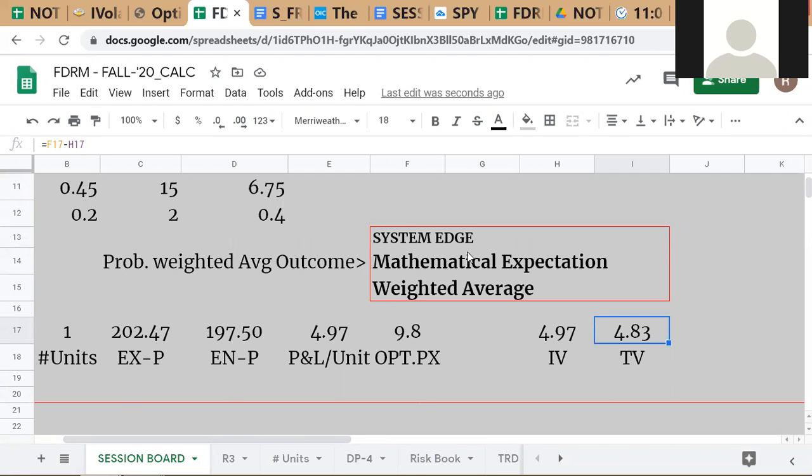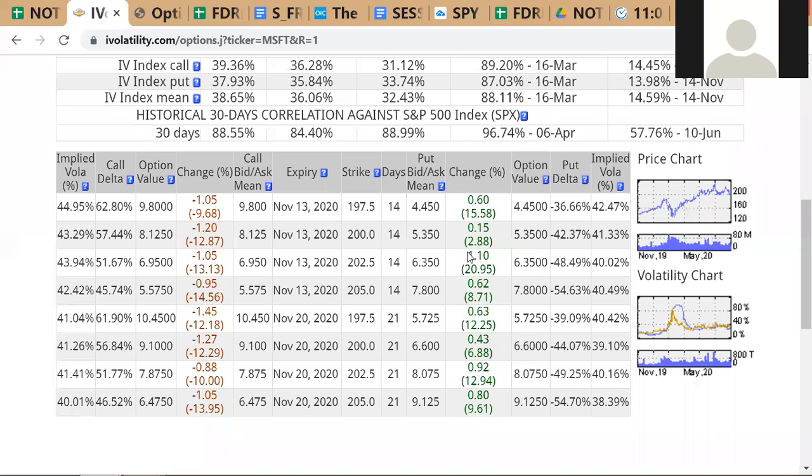One of the exercises you can do to understand this concept properly is, whenever you see any option price, you can do an exercise for yourself. Look at this option price, let's say 7.875. This is the call option.